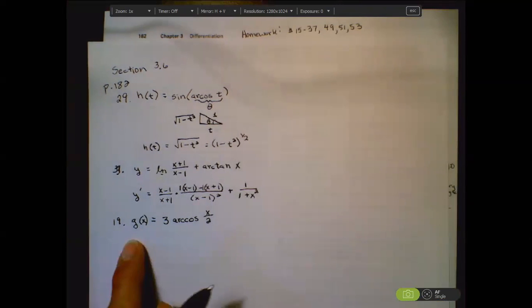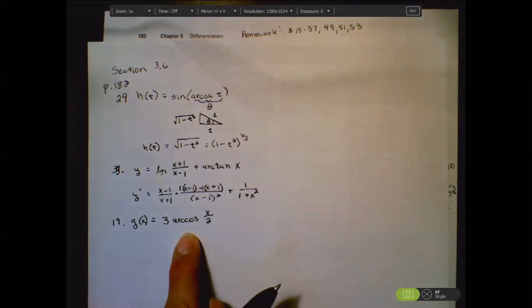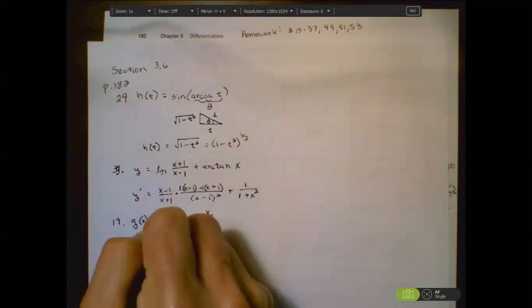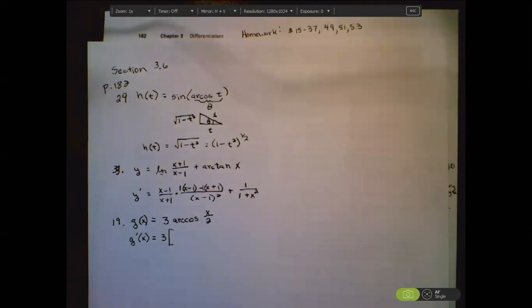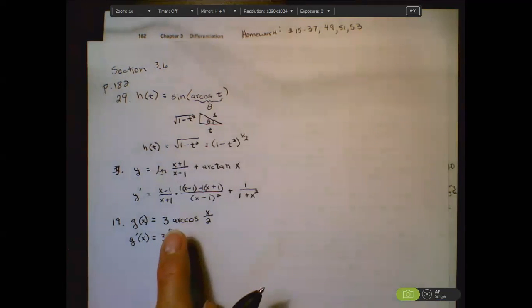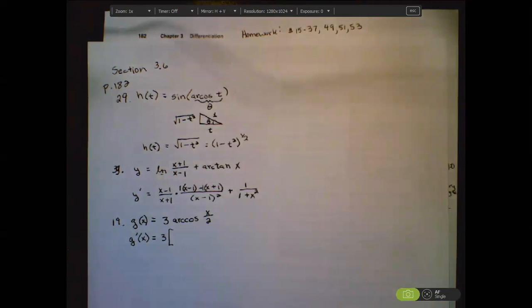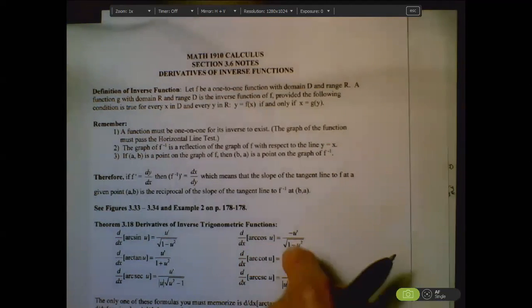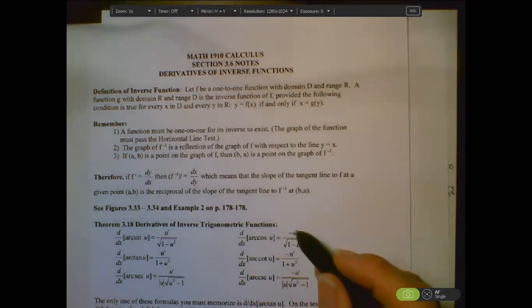So this is the derivative of a constant times a function. I can just keep the constant and take the derivative of the function, and this is arc cosine of ugly. So the derivative of arc cosine of ugly, the way I read this, is negative 1 over square root of 1 minus ugly squared, times the derivative of the ugly.